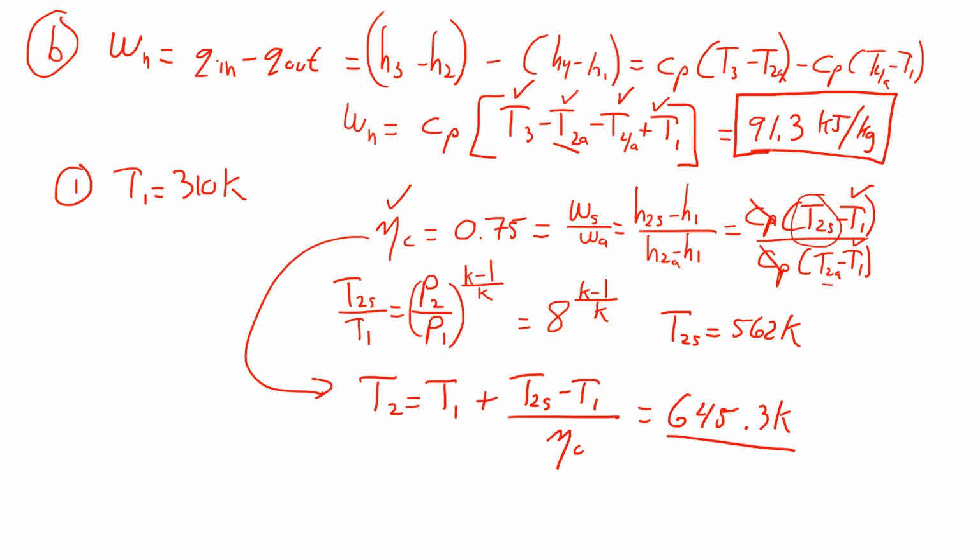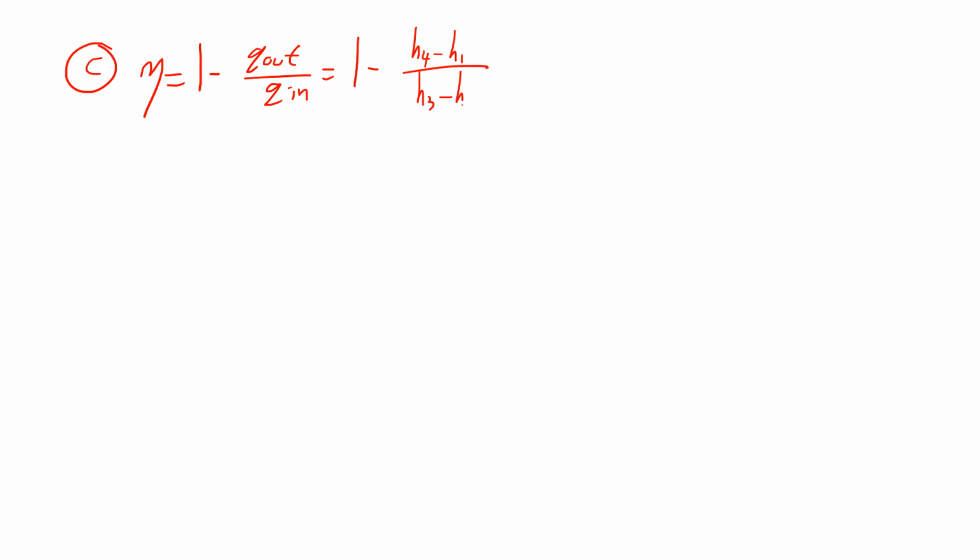So now I can finish off the problem. Part C, they're asking me to find the efficiency of the cycle, which again, the efficiency of any heat engine is 1 minus Q out over Q in, which equals 1 minus Q out, which would be H4 minus H1 divided by Q in, which is H3 minus H2.